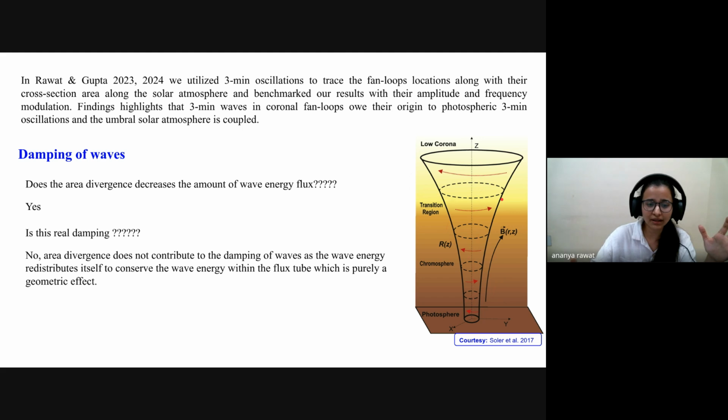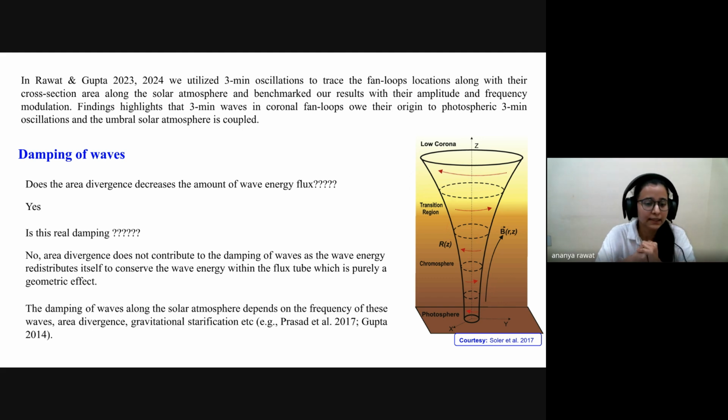So that is not a real damping, it is just a geometric effect. That is a very important factor which needs to be incorporated when we are studying the damping of these waves from the photosphere to the corona. The damping of these waves depends upon various factors like the frequency, area divergence, and gravitational stratification. All these parameters have been studied in these papers.